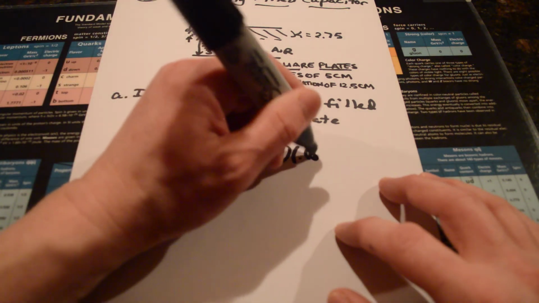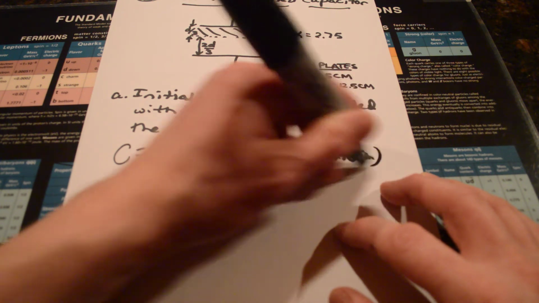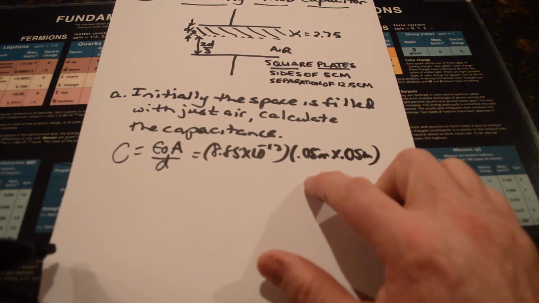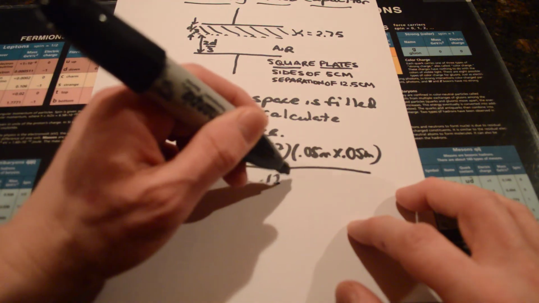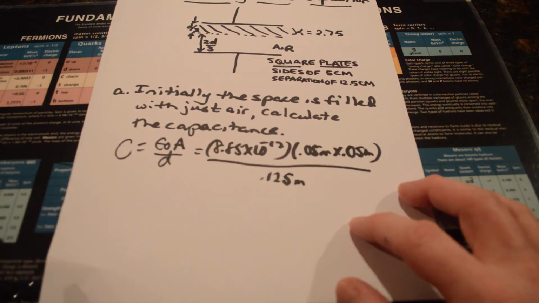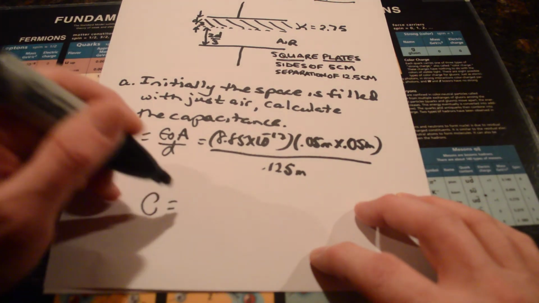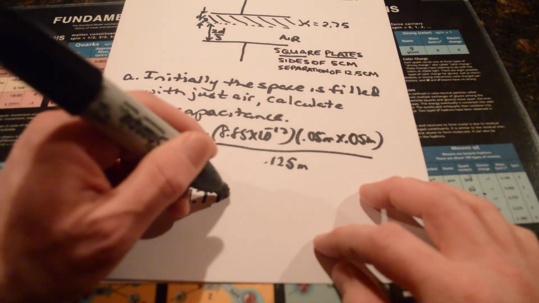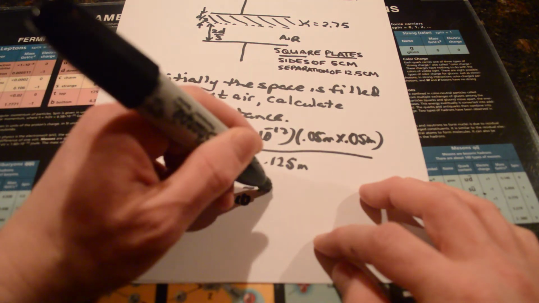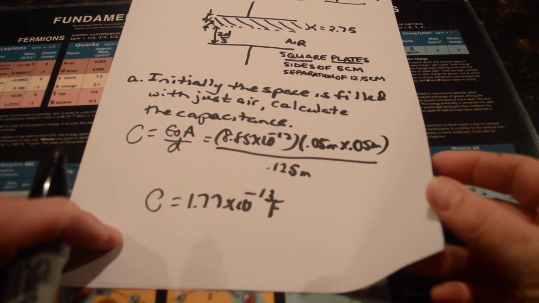This is 0.05 meters times 0.05 meters because the plates are squares, divided by 12.5 centimeters, which is 0.125 meters. Without the dielectric, we get 1.77 times 10 to the negative 13th farads.